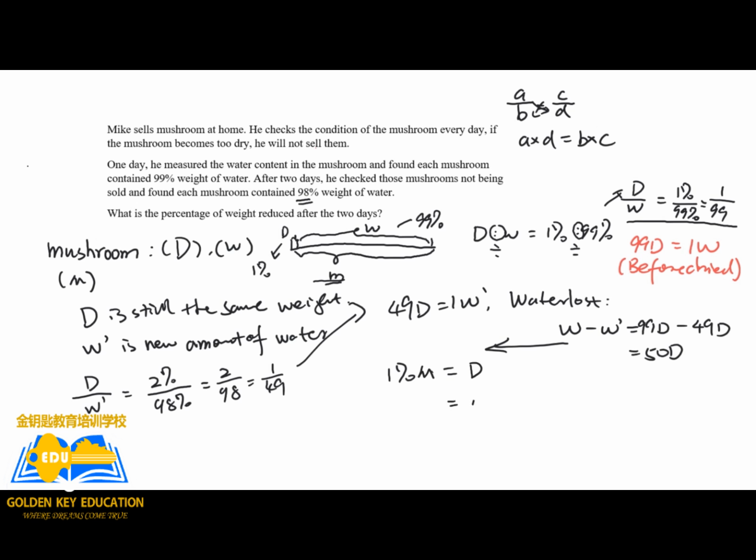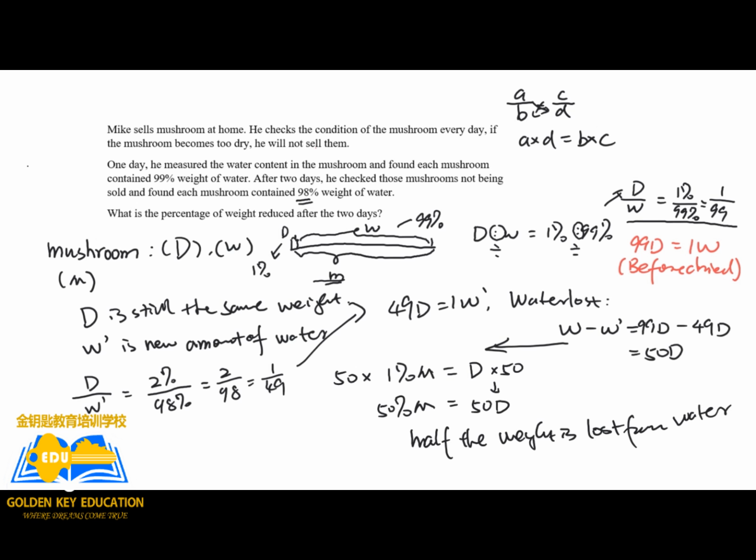If you multiply by 50 on both sides, it doesn't change anything. So what's the percentage? Obviously 50% of the mushroom. Basically it means half the weight is lost from water.